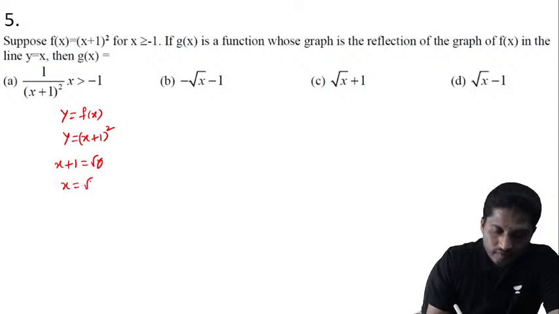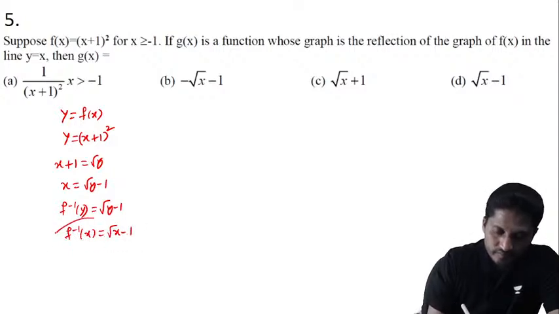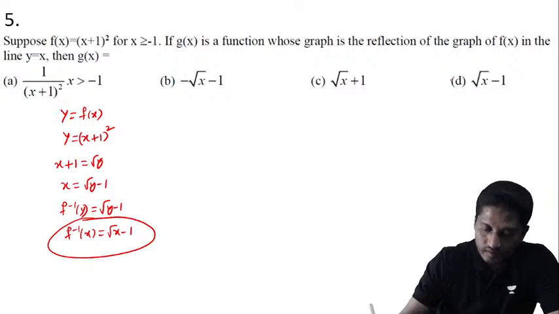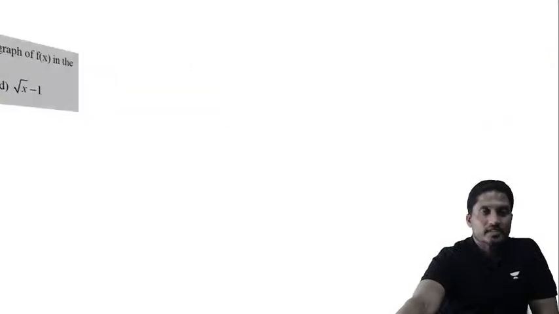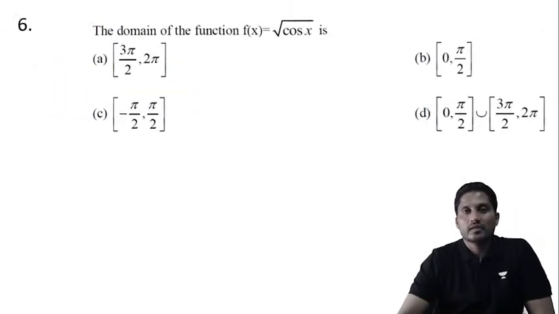X is equal to root y minus 1. F inverse of y is equal to root y minus 1. Therefore, f inverse of x is equal to root x minus 1. Alright, answer is option D. Let's move to the next question.